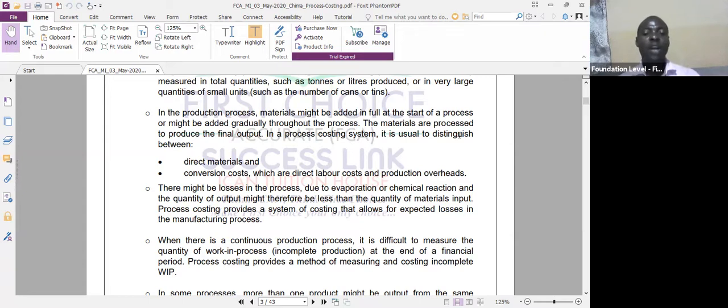Now you've counted like 100 loaves of bread you want to make. So when you are putting it into the oven, you are expected to harvest 100. But due to some process loss, you might get 99. Okay, let's say you are trying to heat a soup, and the soup is 2 liters. At the end, because of evaporation, you might not get a complete 2 liters. That's what we mean.